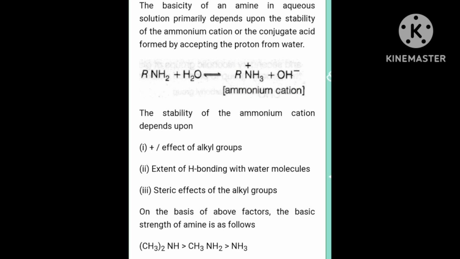This is the important thing. Amine salts are soluble in water but insoluble in organic solvent like ether. This reaction is the basis for separation of amines from the non-basic organic compounds insoluble in water, because one is soluble in water, other is soluble in ether.